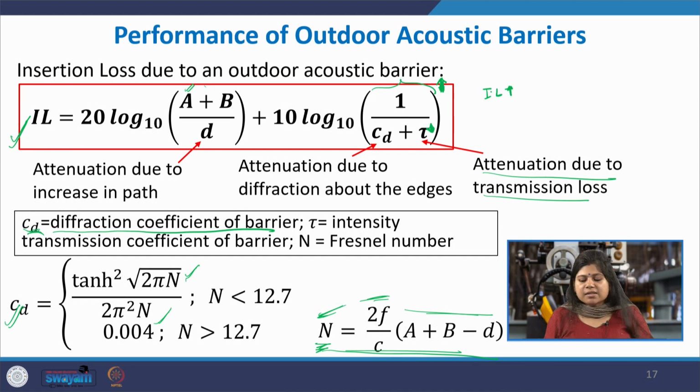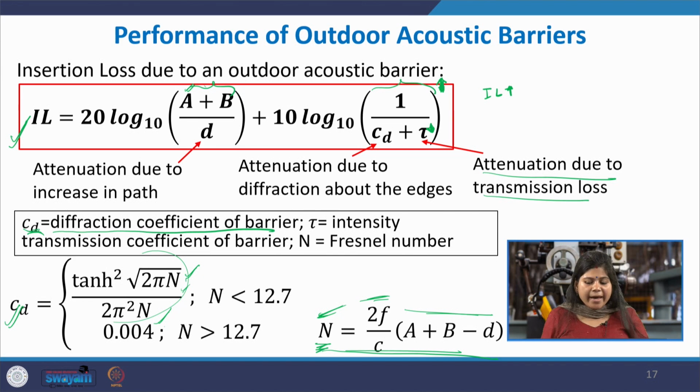So, with the increase in the transmission loss of the material also, the insertion loss increases. With the increase in the height of the barrier, this quantity increases, so the insertion loss increases, and with the frequency also, because at lower frequencies this number is small, at higher frequencies it increases.